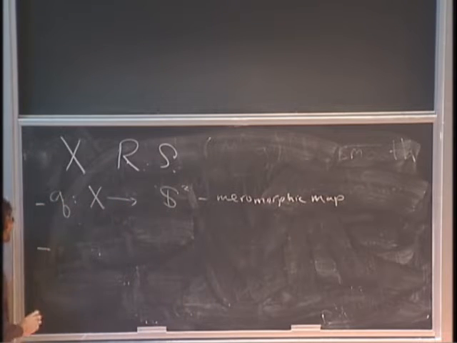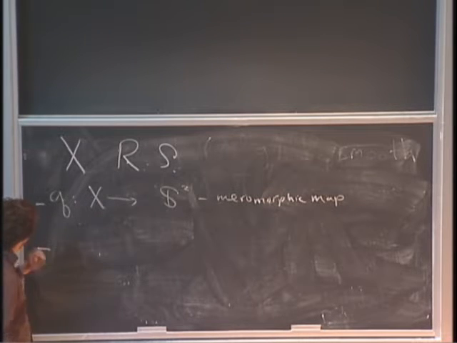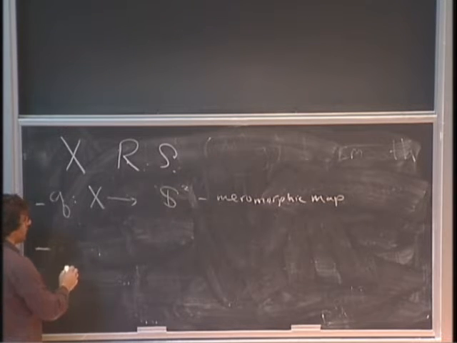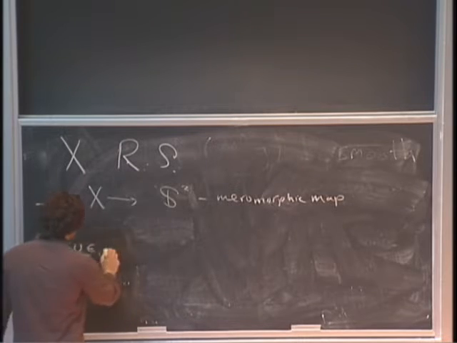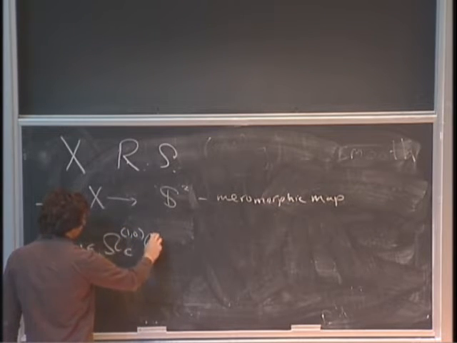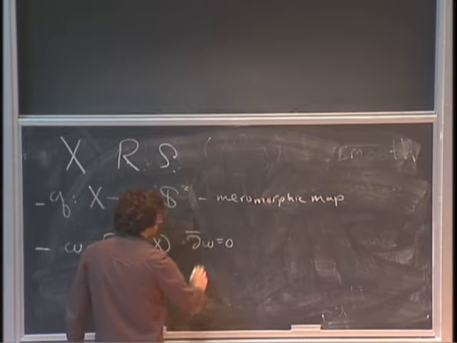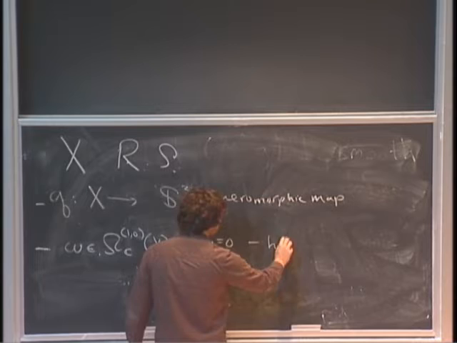And then last time we also looked at holomorphic maps to S². And the other thing we recently looked at was this notion of a holomorphic one form. We had omega, a complex (1,0) form on X, and it was holomorphic, so del bar of omega was 0. These are holomorphic one forms.